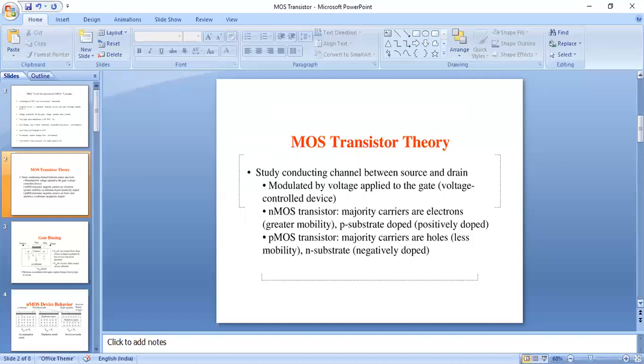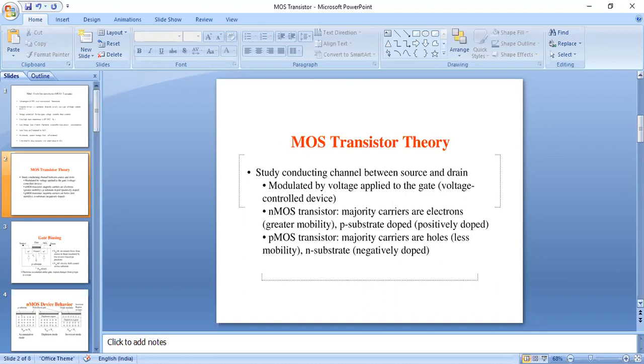That is one classification of the MOS transistor. Another type is the PMOS transistor. Here the majority carriers are holes. It has less mobility, and the substrate, the place of the bulk, is occupied by an N substrate, so that is negatively doped.